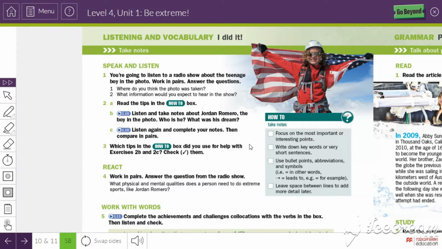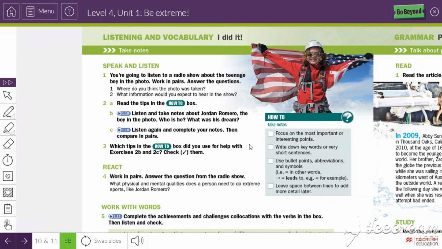You have to answer the questions by using your imagination, because you are going to listen to the audio after answering these two questions. After you write down your answer in your notebook, you can go to section 2.